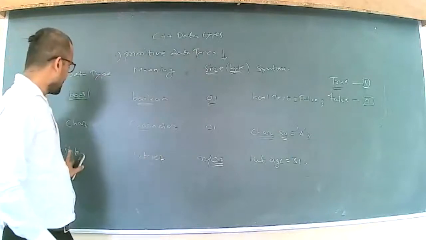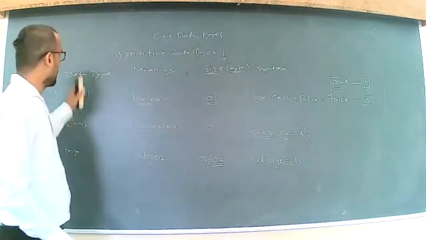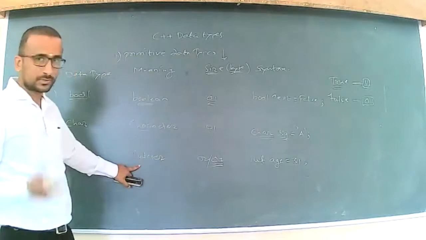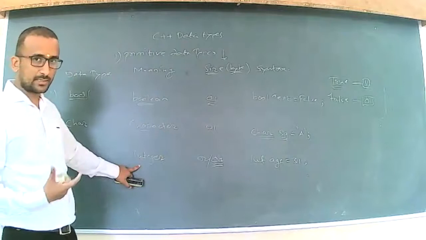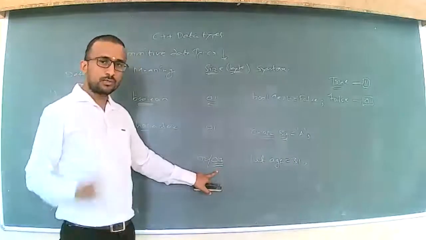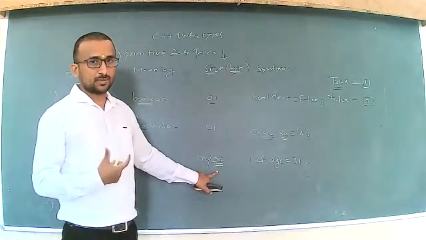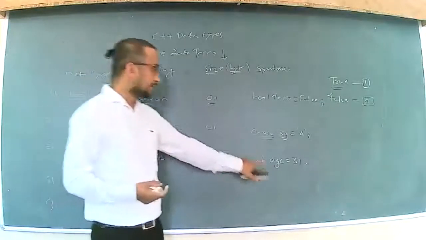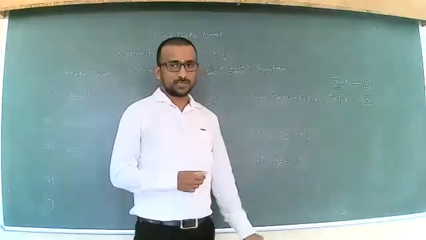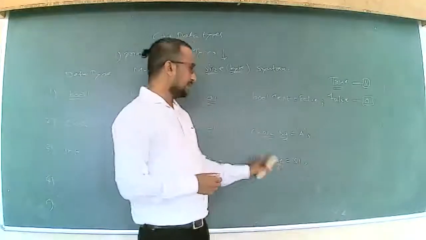So this is the third type of data type, integer. It will store integer values in your variable space or in your computer's memory. The size will be 4 for the latest C++ compilers, and the syntax will be integer age is equal to 31.